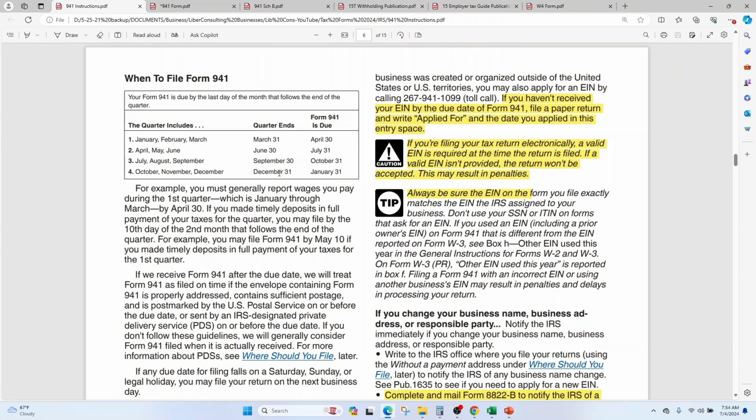Quarter 4 ending on December 31st is due by January 31st of the following year. And since we are filing for Quarter 2 that ended on June 30th, it is due by July 31st. But how you file the form and the address you mail it to, those things.